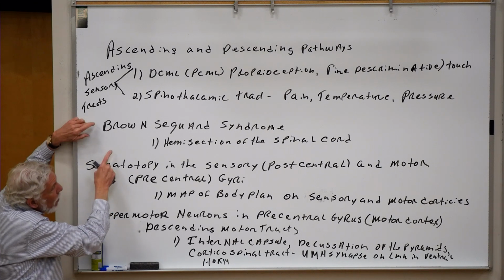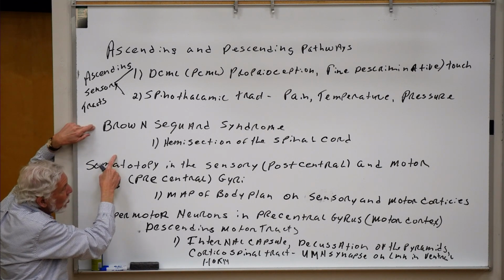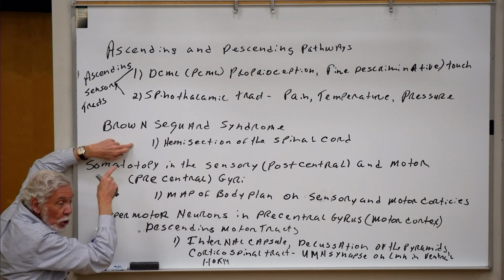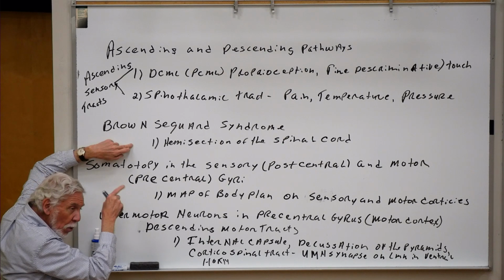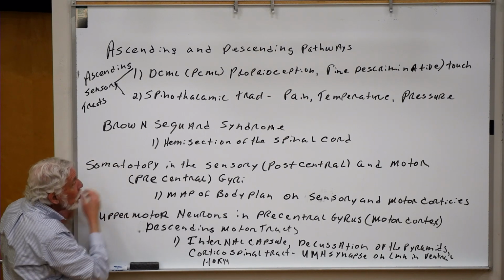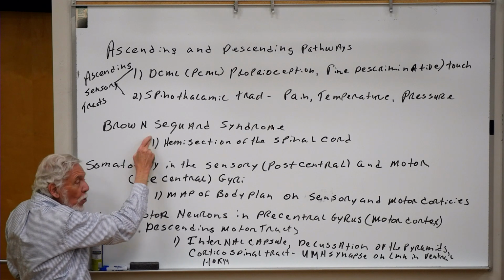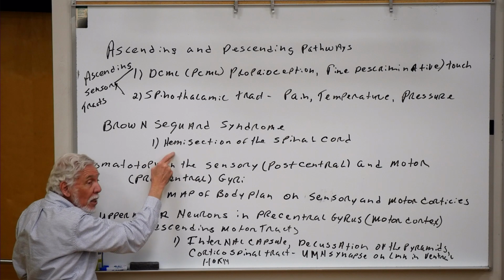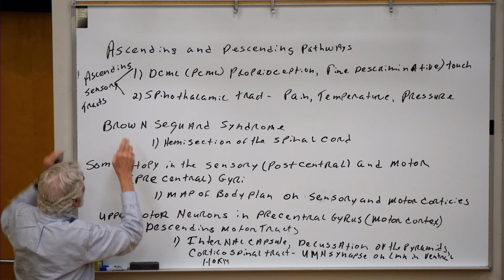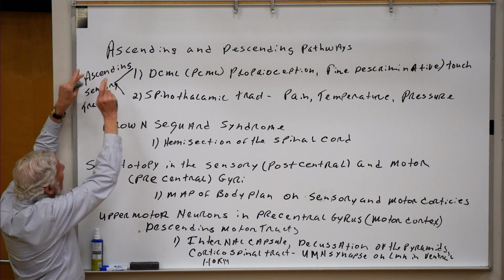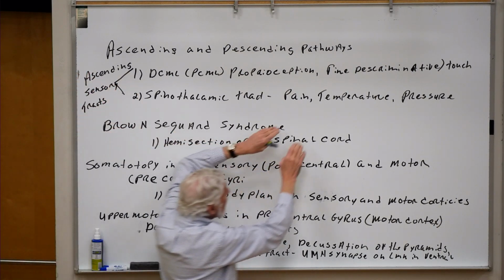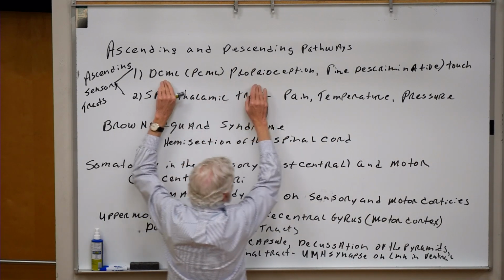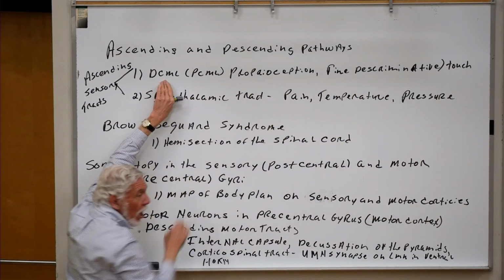Then I want to talk a little bit about Brown-Séquard. The reason I bring up Brown-Séquard is a hemisection of the spinal cord. We cut the spinal cord just to the midline. And the reason I want to walk you through this is that if you understand what happens in Brown-Séquard syndrome, and you understand what information is blocked and what information still gets through, then you understand the distinction between the ascending sensory tracts carrying information about pain, temperature, and pressure in the spinothalamic tract, and the pathway carrying information about proprioception and fine touch in the dorsal column system.